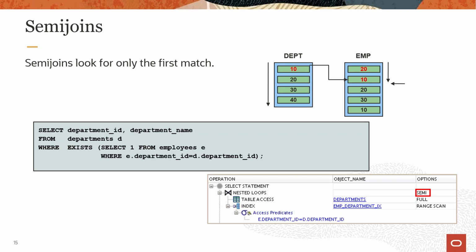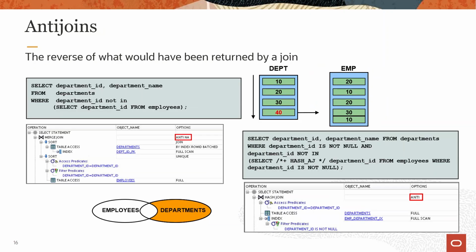That's a so-called semi-join. Then you have the anti-join, which is actually the reverse of what would have been returned by a join. For instance, you have a select statement where you want to obtain the records from departments of which the department ID does not appear in table employees.